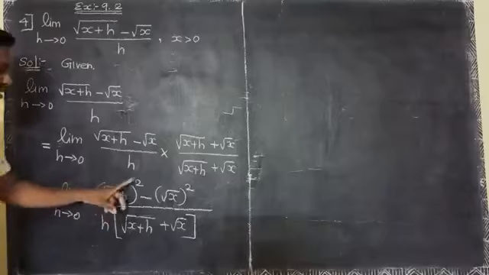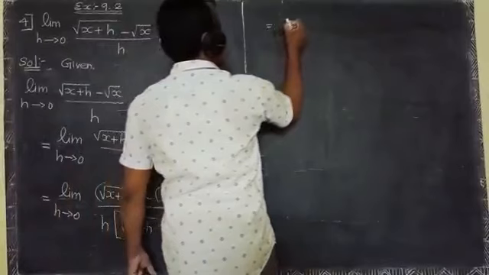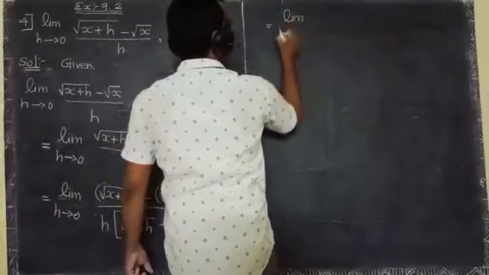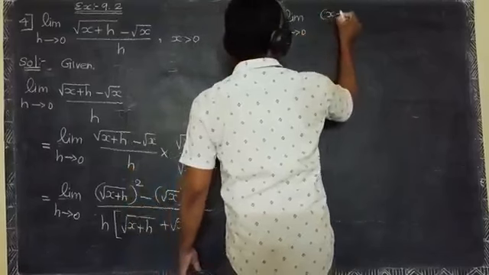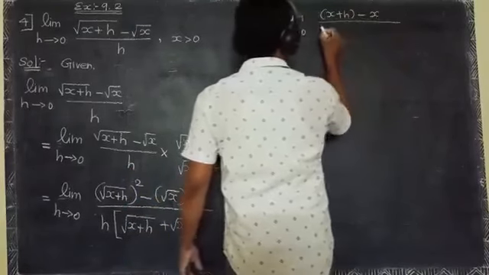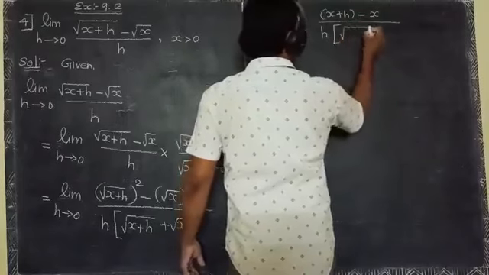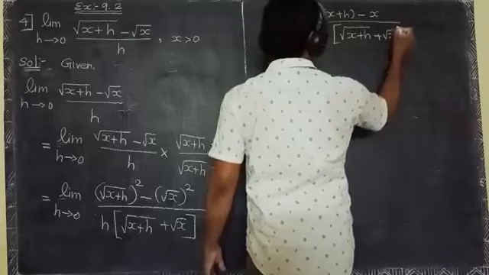Then the square roots in the numerator are cancelled. That is limit h approaches 0, numerator x plus h minus x, divided by h into square root of x plus h plus square root of x.